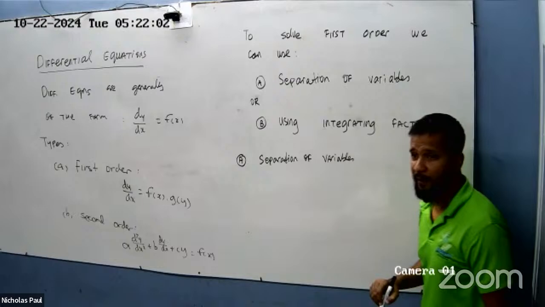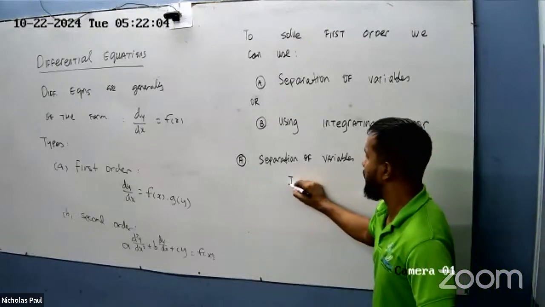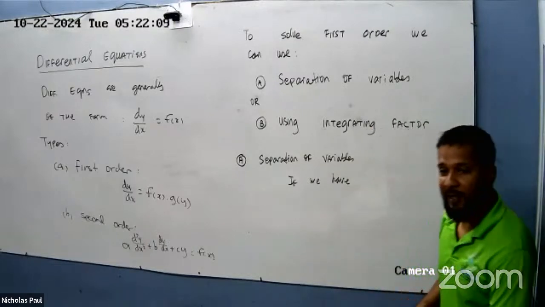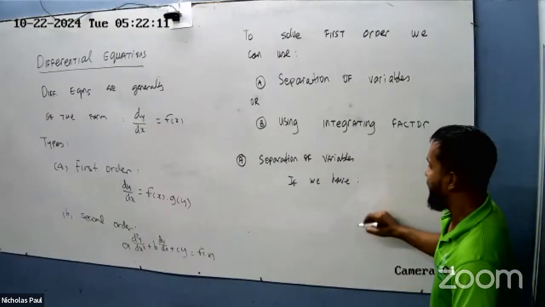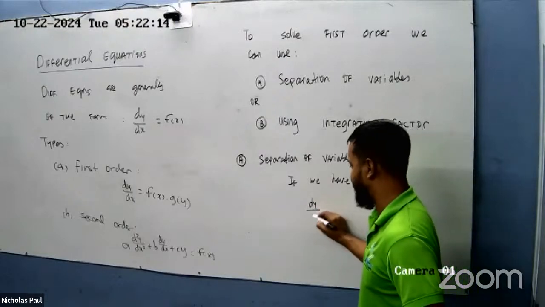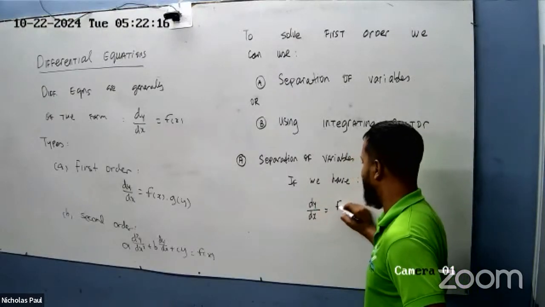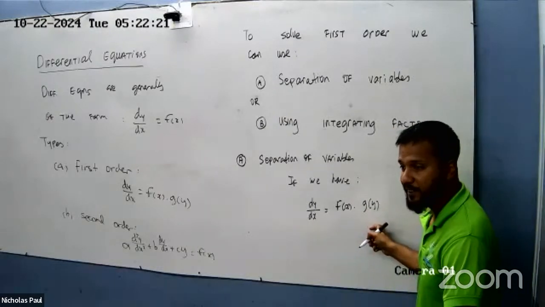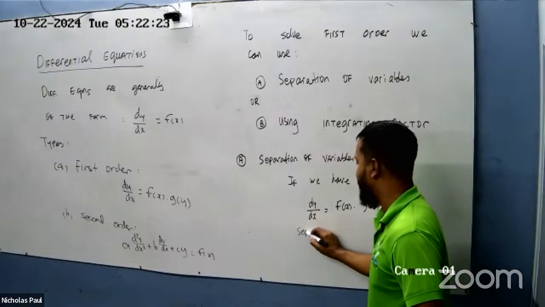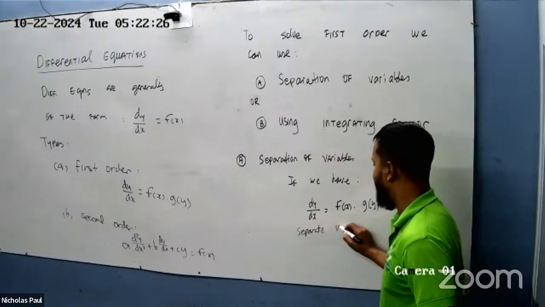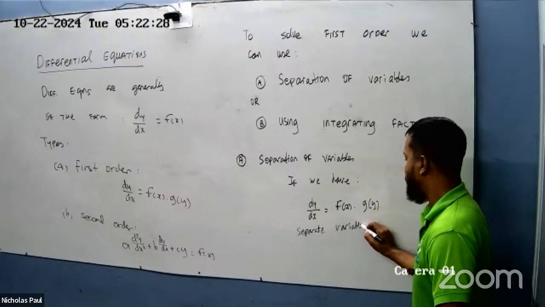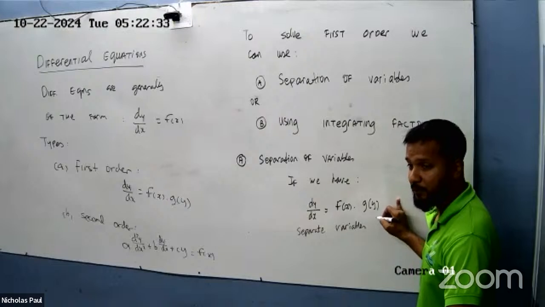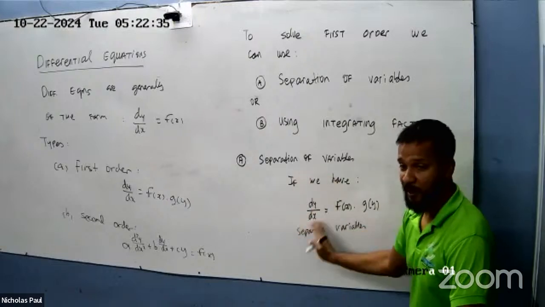All right, so if we have dy dx equal to f of x dot g of y, then in order for us to solve this, we can separate the variables. All that means is to bring the y on one side and x on the other side. Everything with x here, everything with y here.